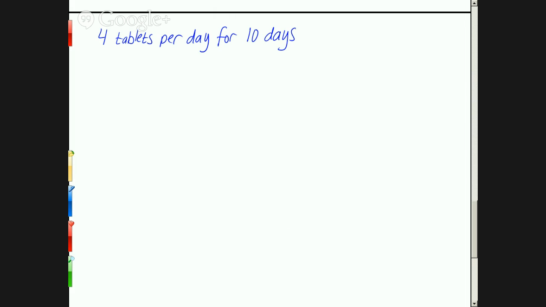Make sure you take all the pills, otherwise you're potentially increasing antibiotic-resistant bacteria. And in this case, we're going to say that each tablet was a 250 milligram tablet. All right, straightforward so far. 250 milligrams a tablet, 4 tablets a day, 10 days.